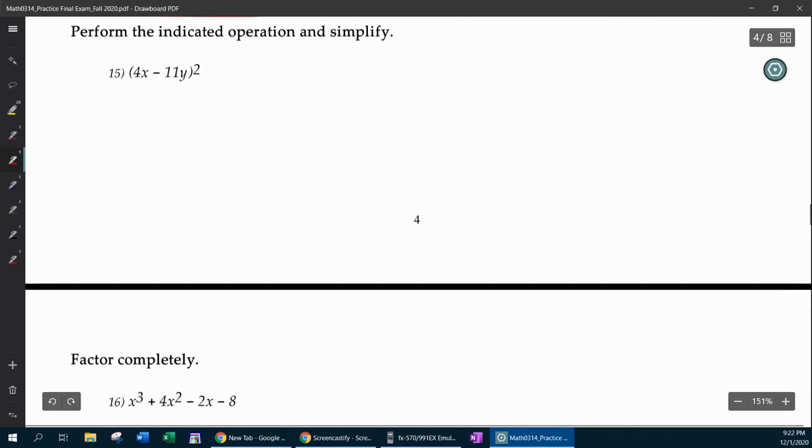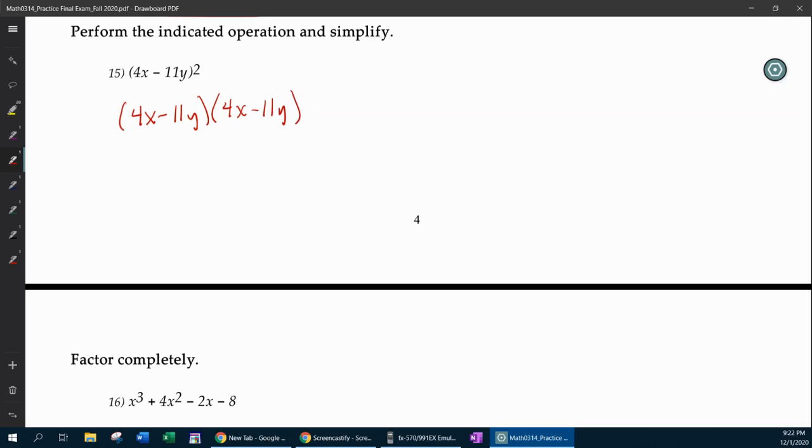And now we're to the last problem in this part of the review. Perform the indicated operation. Remember, to square something means to multiply by itself. And so this is going to be a binomial times a binomial, which is the FOIL method. So first, 4x times 4x, that is 16x squared.